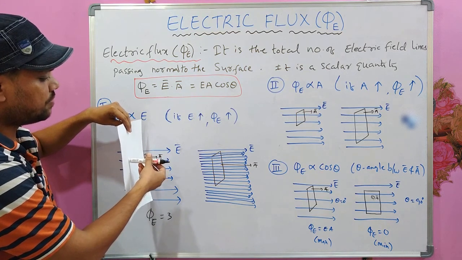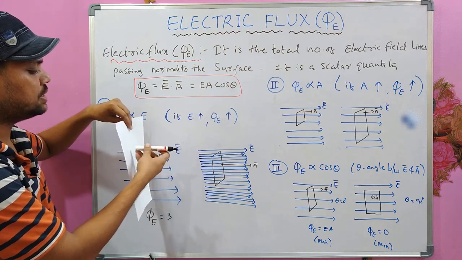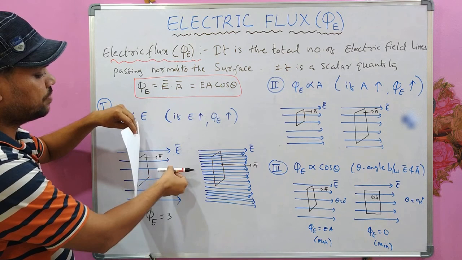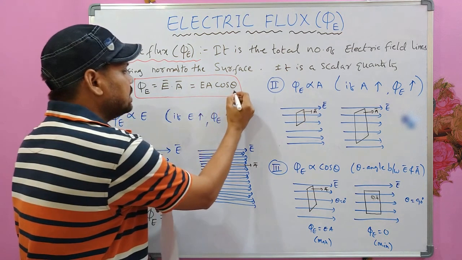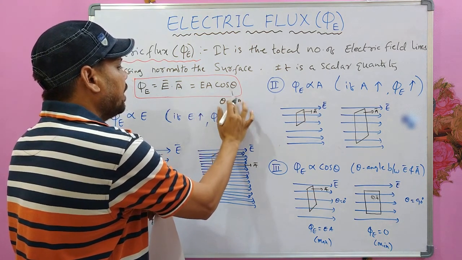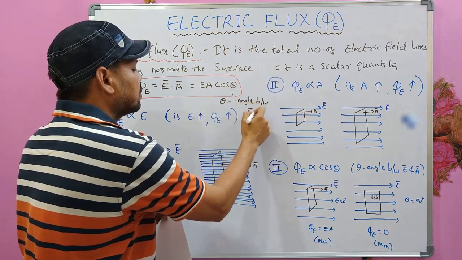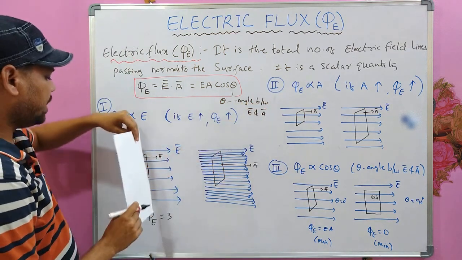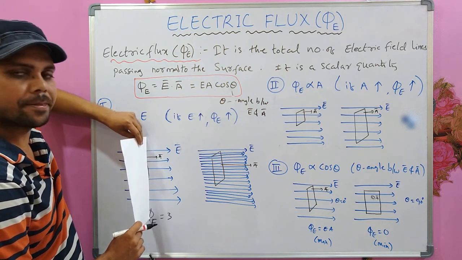Area vector and electric field vector are in the same direction. Here theta is the angle between E and A. So A and E are parallel, and theta is 0.